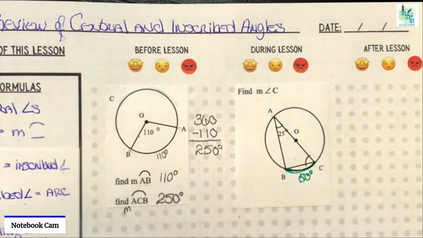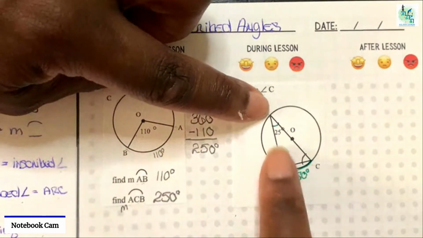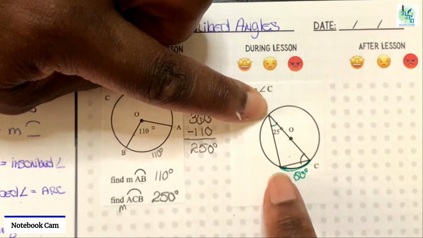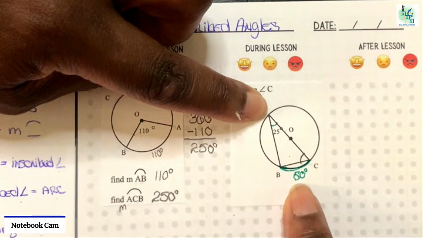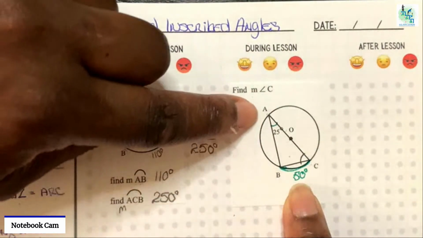But as I mentioned, they gave us the diameter and it's going through the center of our circle. So if from this point to this point is 50 degrees for that arc, then what will be the remaining?